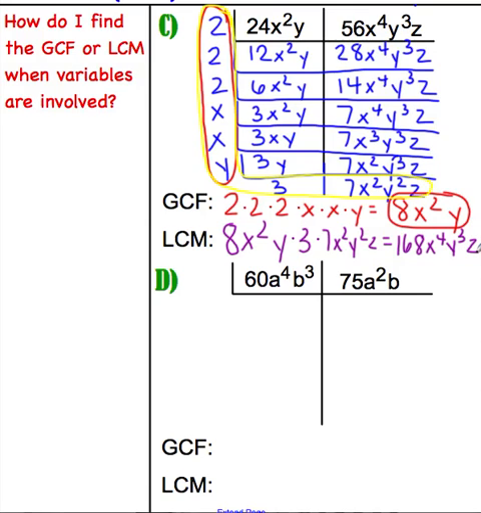Now I will tell you, I took them all out one at a time. If you can recognize right off the bat when you're dividing out the variables that you can divide out an x squared right away in one step, go for it. So that's what we're going to try in this next problem. So we have here 60a to the fourth b cubed and 75a squared b.